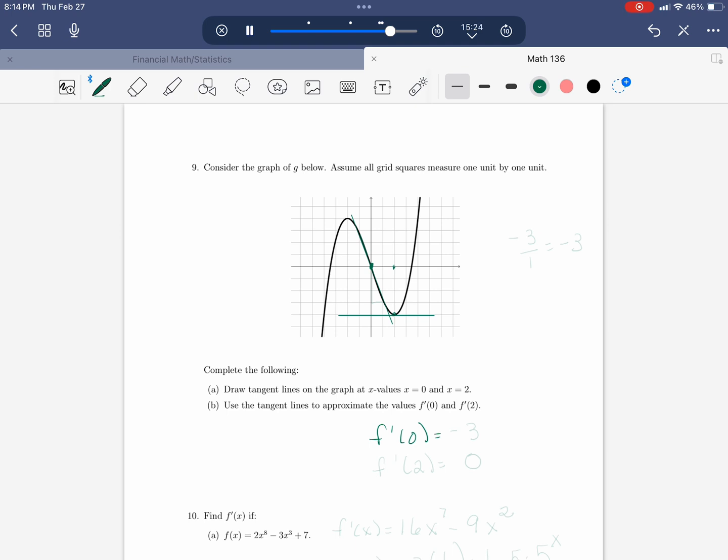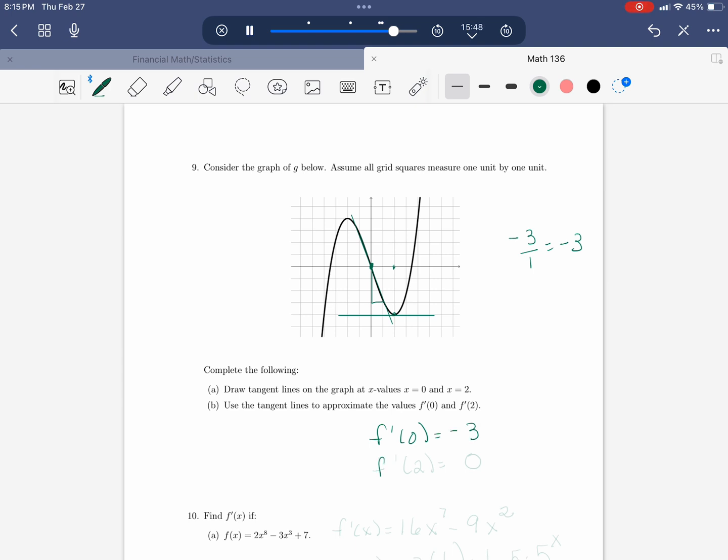So I would just use rise over run. So let's start here, and we're going to go down 1, 2, 3, down 3, and over 1. So down 3 is negative, over 1 equals negative 3. Slope of that tangent line at that point is negative 3.